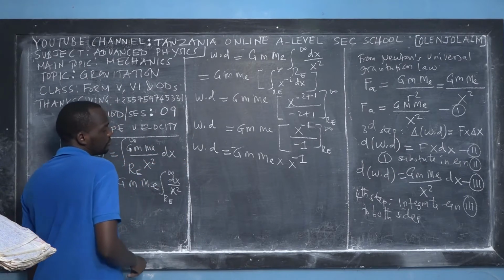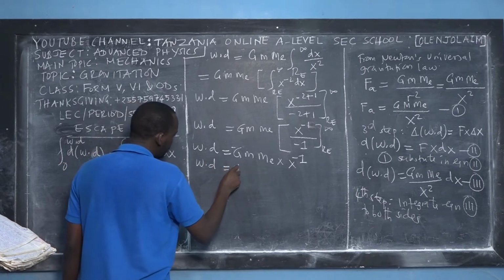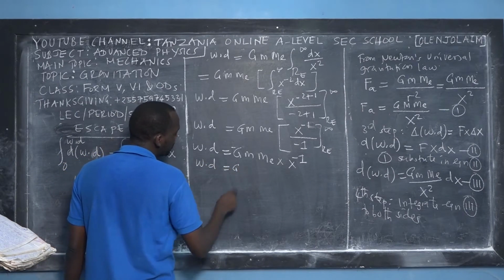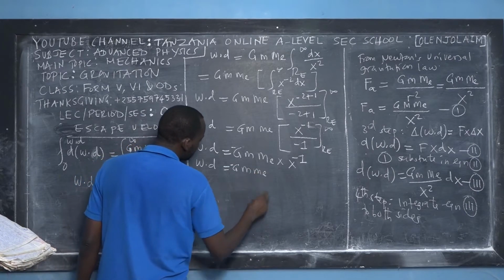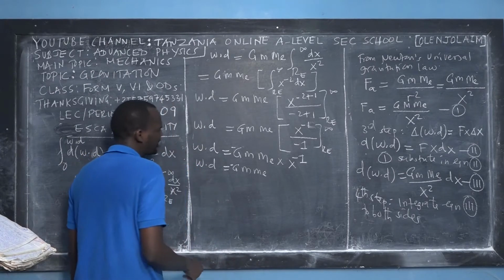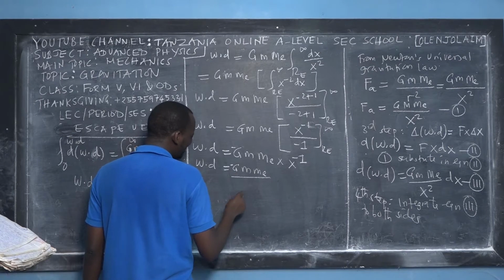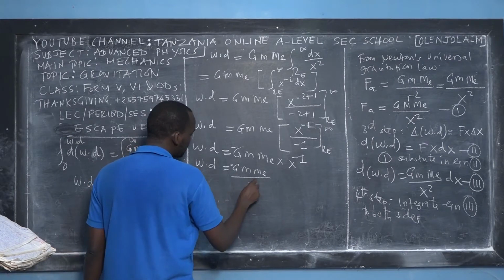Okay? So what do you say? You say that work done is equal to gravitational potential. We say negative G, mass of the body times mass of the S. Then because x power negative 1 is equal to 1 over x.